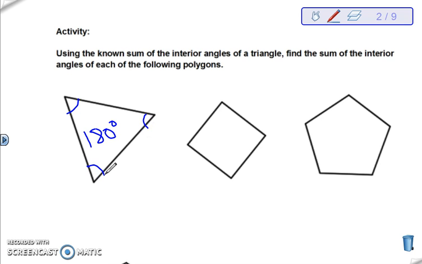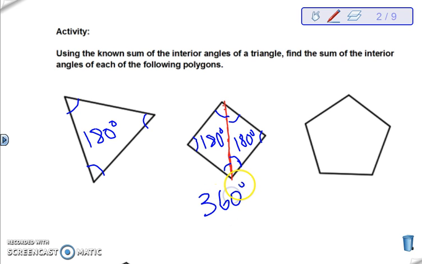We also know from previous lessons that quadrilaterals are supposed to have a total of 360 degrees, but if we assume we didn't know that, we could just take a line, cut it down the middle right here, and we notice we have a pair of triangles. If I add these three angles here, it would give me 180. If I add the three angles on the right side, it would give me 180. So altogether, I have 360 degrees.